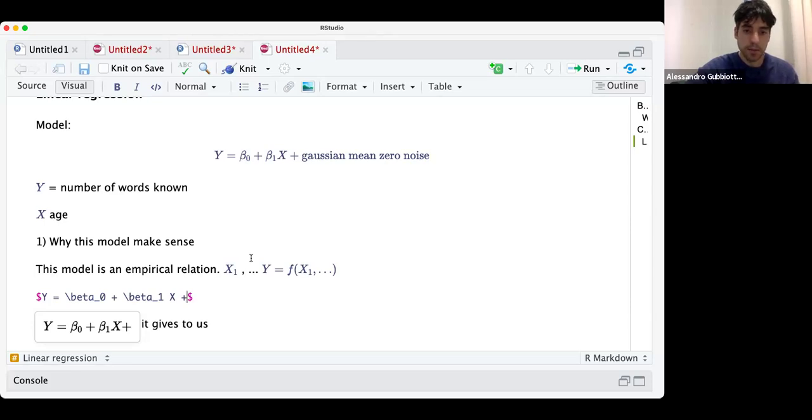And so what we lose is what we would like from science, answers of the form, okay, this function f would be very interesting, but probably doesn't even exist. What we lose is causal relations and other stuff. But now, what do we gain? We gain that with this model we can estimate the coefficients.